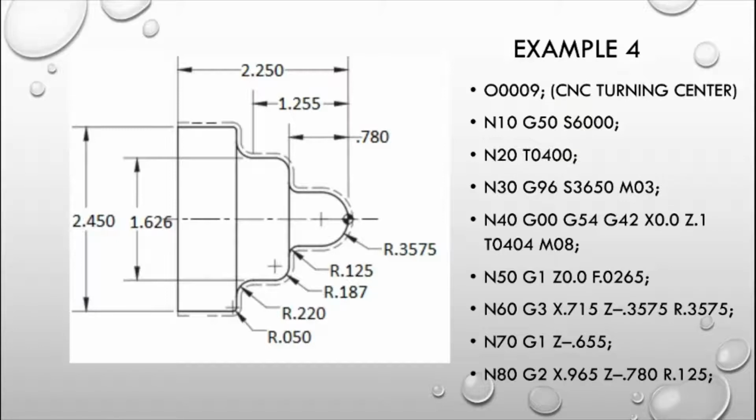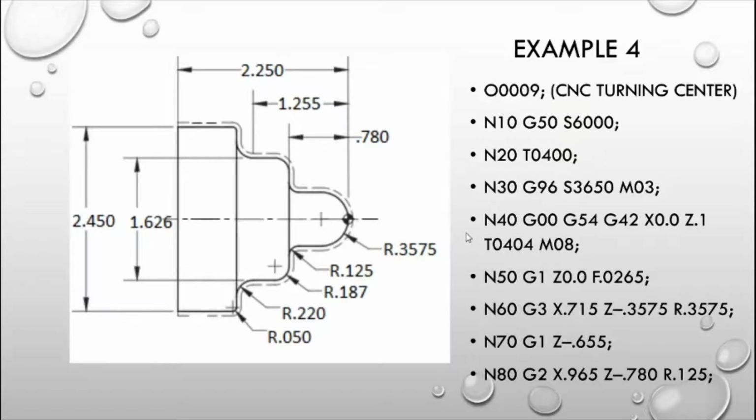The position of X is 0.0 and the position of Z is 0.1, which in the diagram is a point further out at 0.1. T04 is the tool number. M08 is the coolant on.